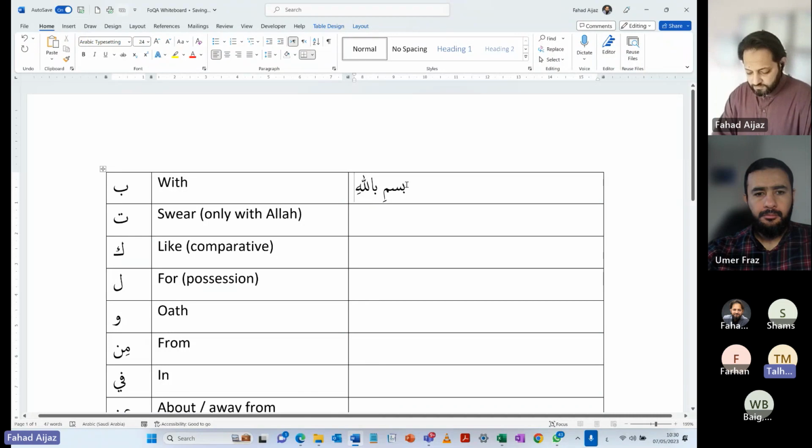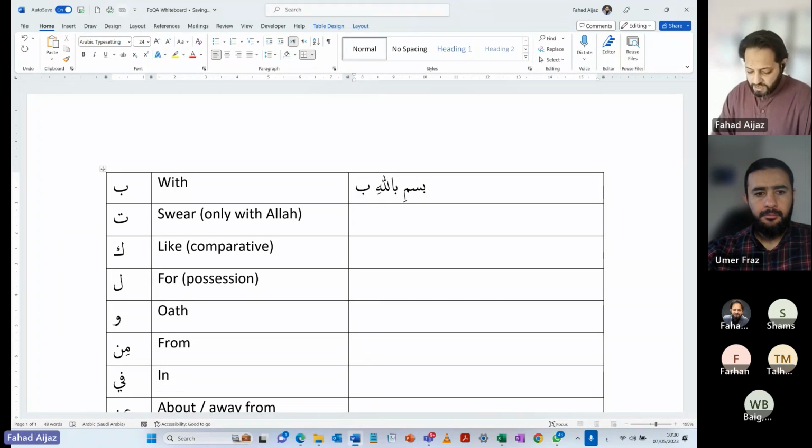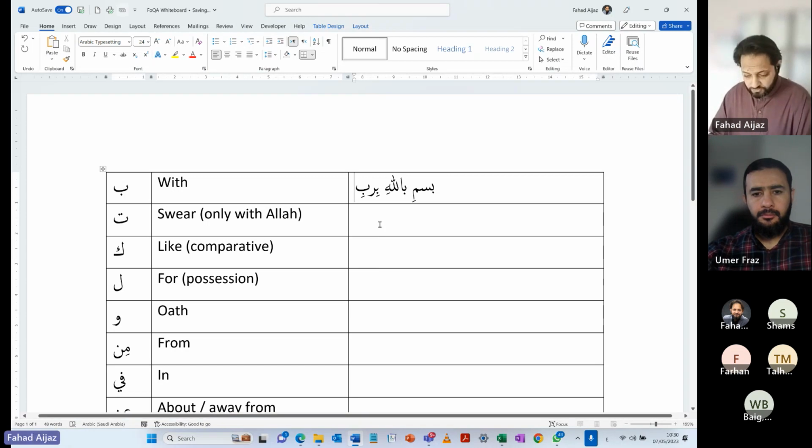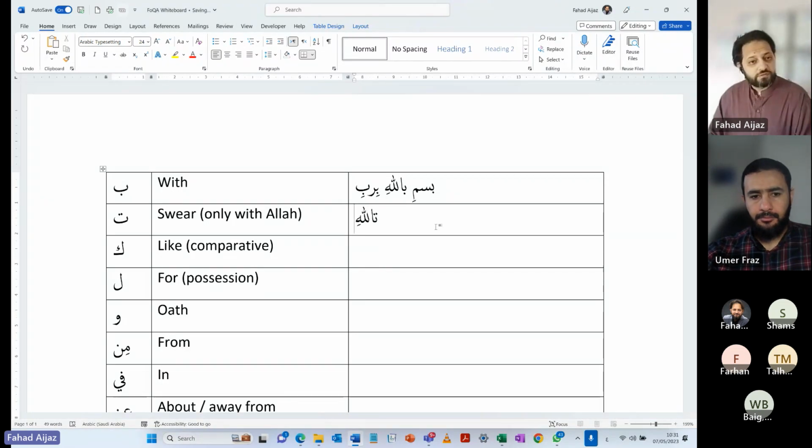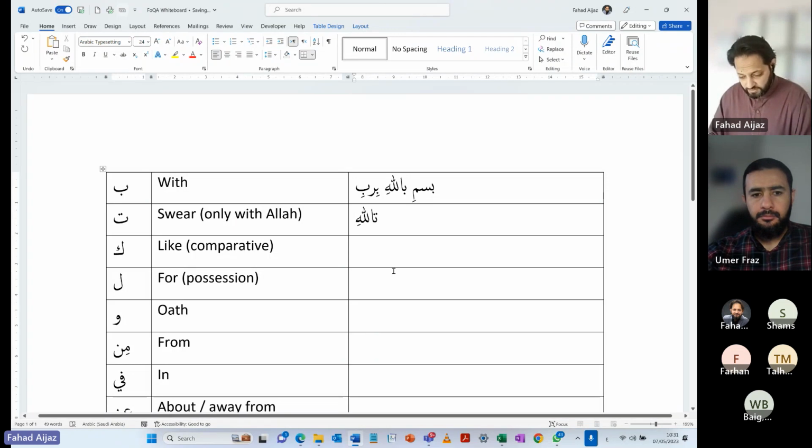Yes, a'udhu billah. B, and you have B and Rabbi. That's correct. Bi Rabbi. Kul a'udhu bi rabbin nas. That's the same bi Rabbi. This is simple. When you say Tallahi, you are actually saying this. That's it. There is no other example. It's used for swear and only for Allah.